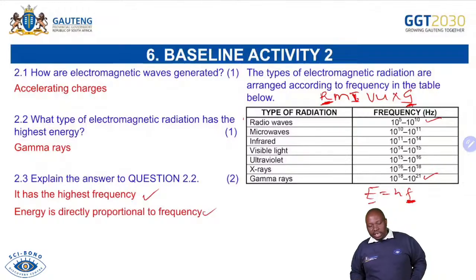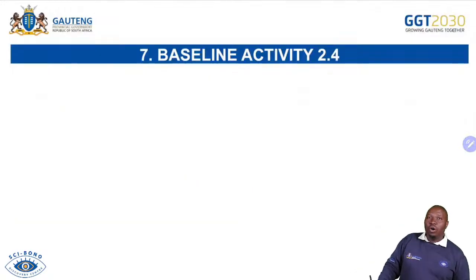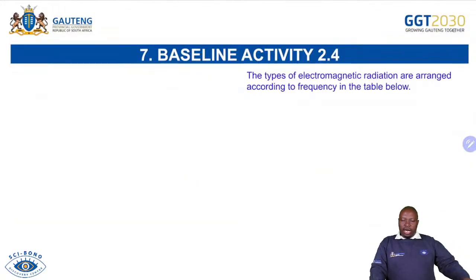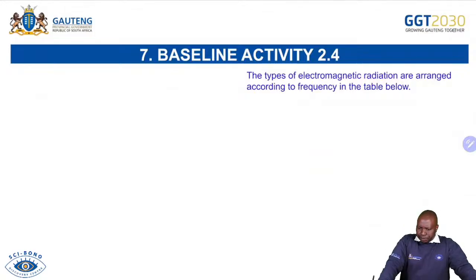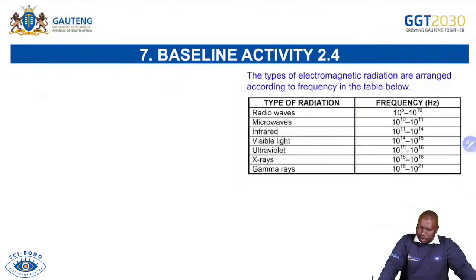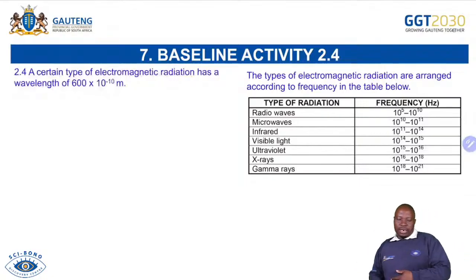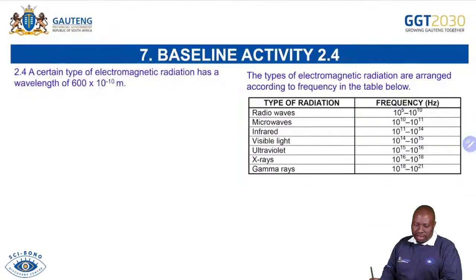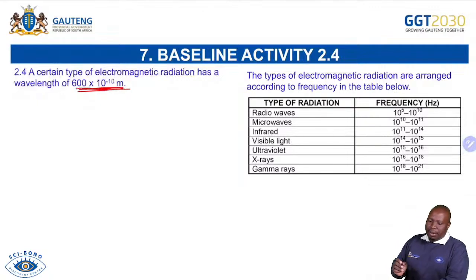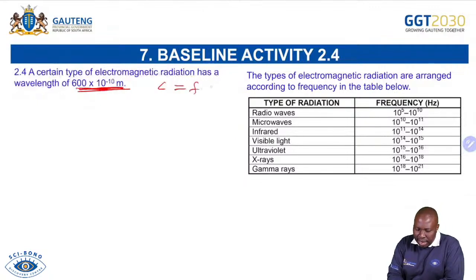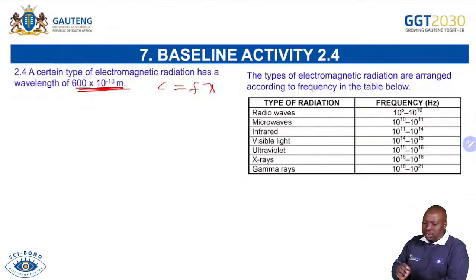All this we have done in grade 10, and we are going to apply all this knowledge now as we come to the end of our baseline activity. We are still on the same question. Now they are saying a certain type of electromagnetic radiation has a wavelength. Remember, when you are given the wavelength, you will remember the formula c equals f lambda. c is the speed of light, which is 300 million meters per second, or 3 times 10 to the power of 8 meters per second.